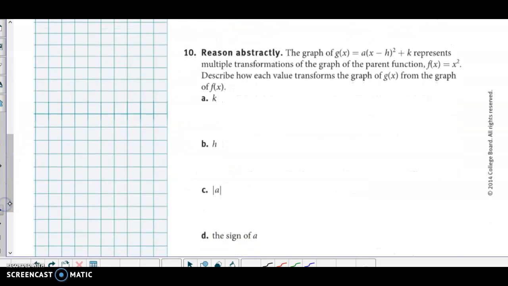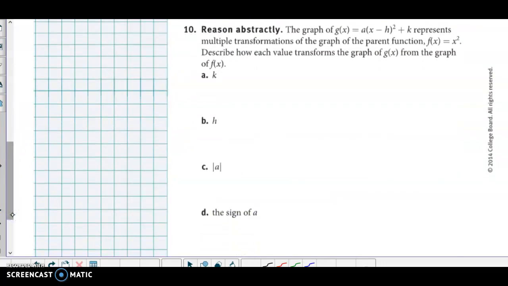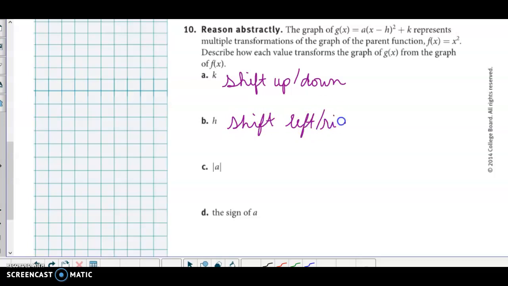So what do all of these things do? The K is going to be a shift up or down. We've talked about that. The H is going to be a shift left or right. And remember, on that one, insiders lie.